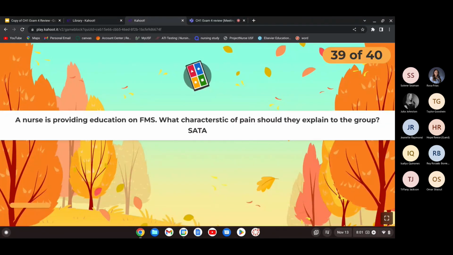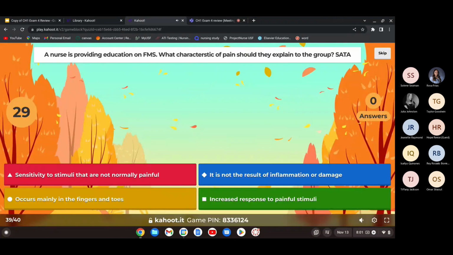Select all that apply. A nurse is providing education on fibromyalgia syndrome. What characteristic of pain should they explain to the group? Select all that apply.